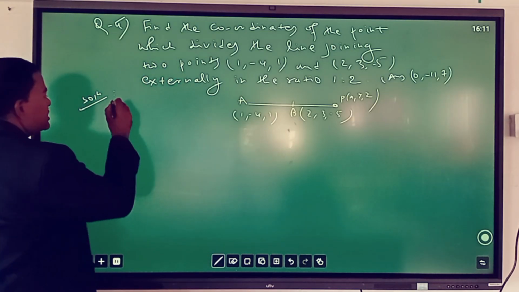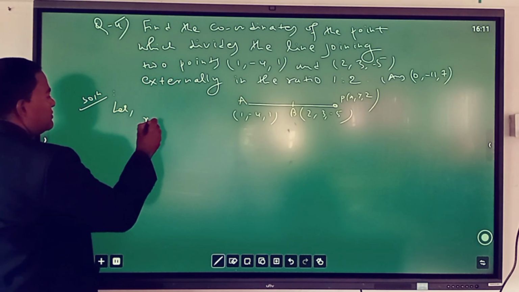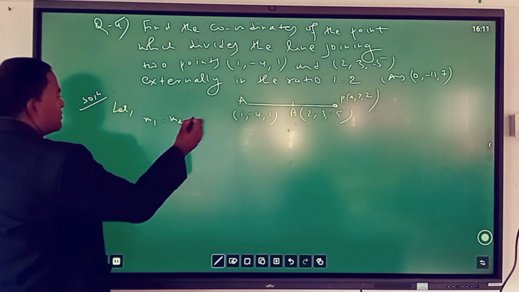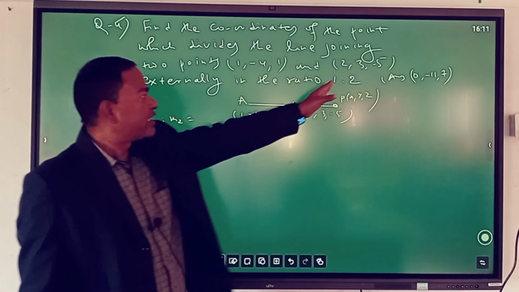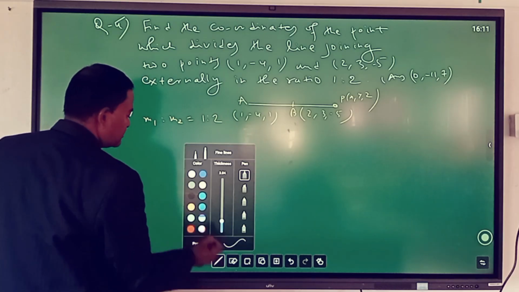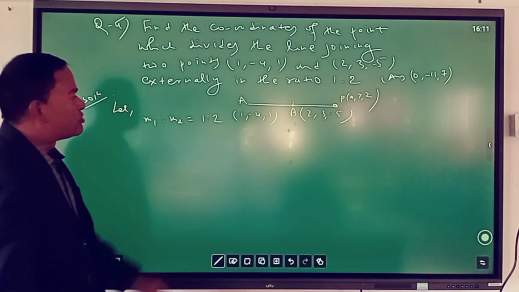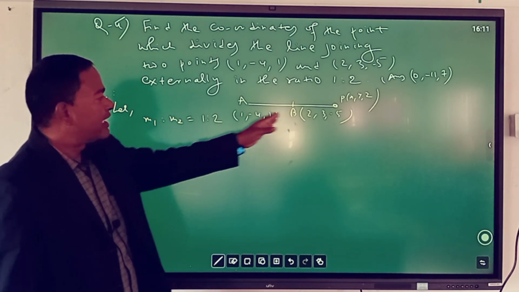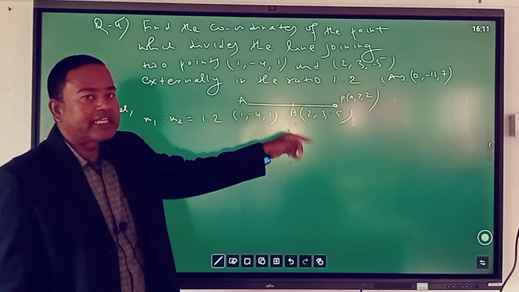So dear students, let's suppose m1 is to m2 is equal to 1:2. Let's suppose the given 2 points A and B as (x1, y1, z1) and (x2, y2, z2).